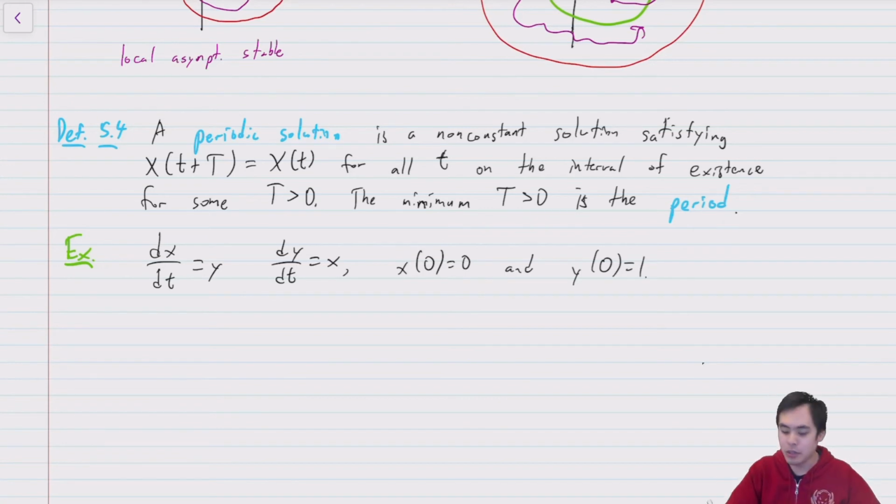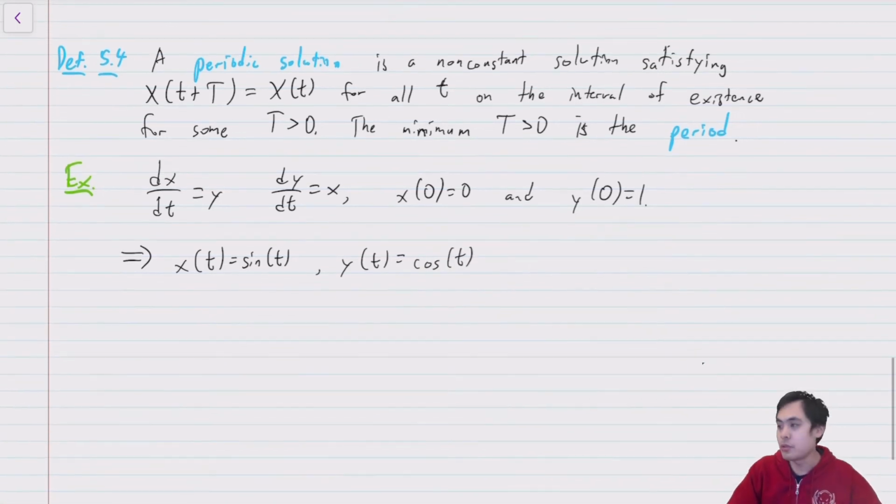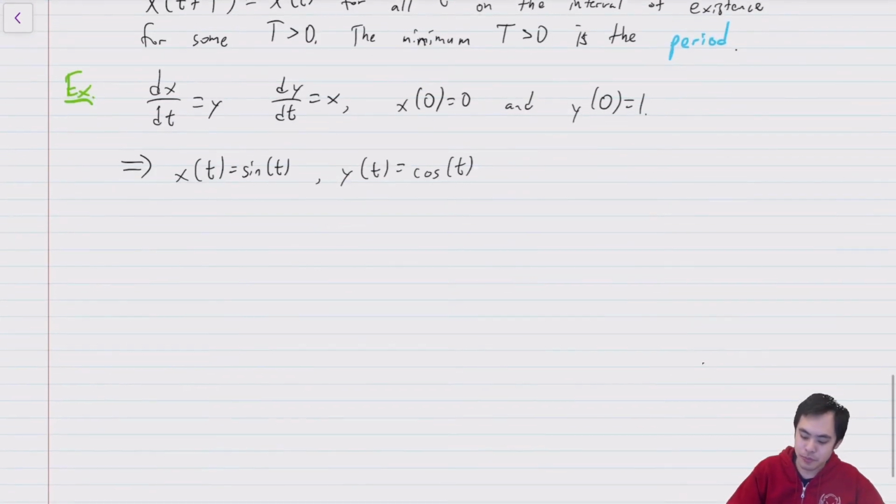I'm not going to solve it here, but when you solve this system, what you end up with is that x of t is equal to sine of t, and y of t is equal to cosine of t. You'll notice actually that this is a linear ODE, but we do get this periodic behavior even for a linear ODE. In terms of the classification, what we have is a center here. It is a neutrally stable center.